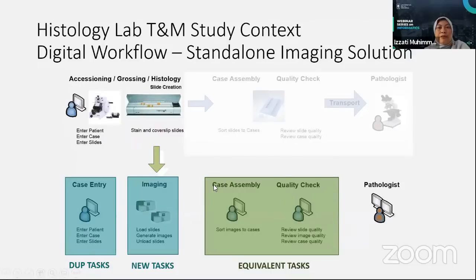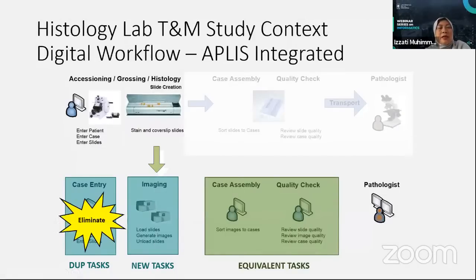In this workflow, the green one is the equivalent task from the previous manual setting. The case entry is a duplicate task, and the scanning is the new task. The duplicate can be eliminated when you scan the slides in a certain order.